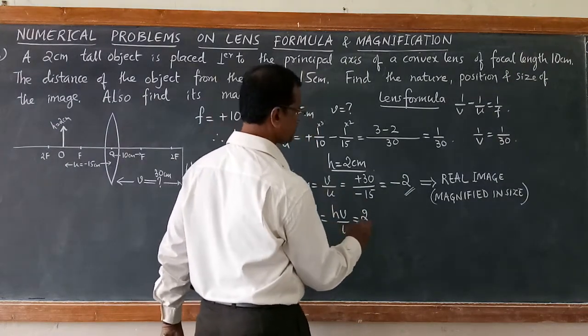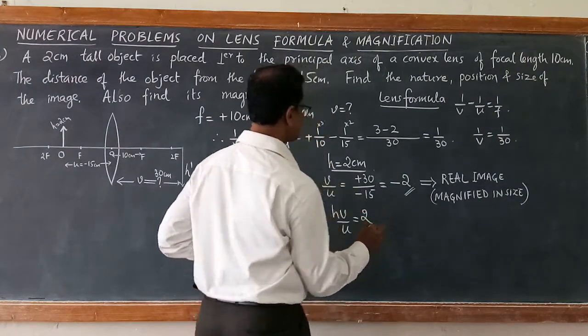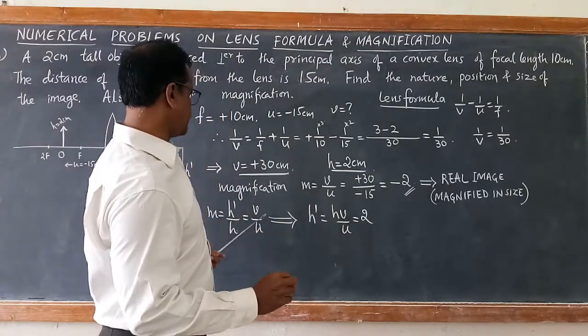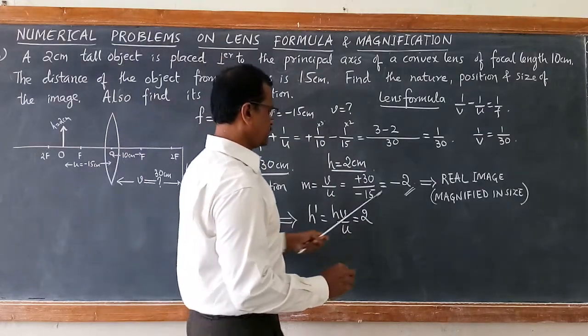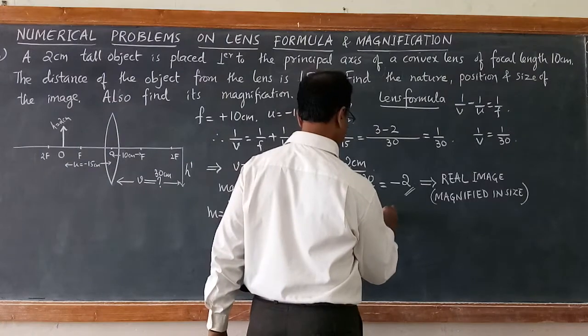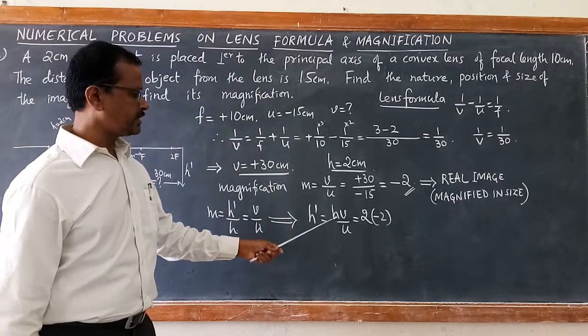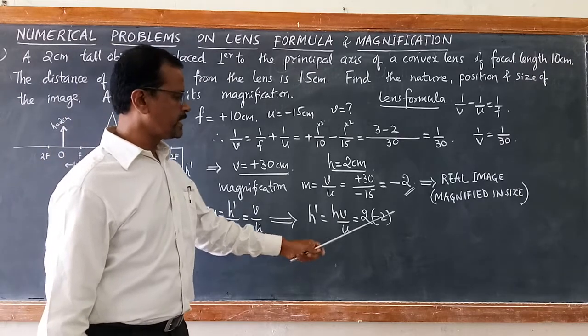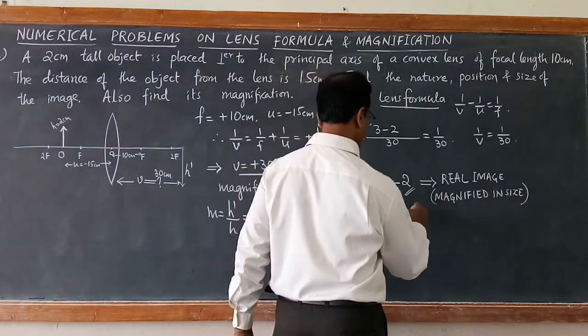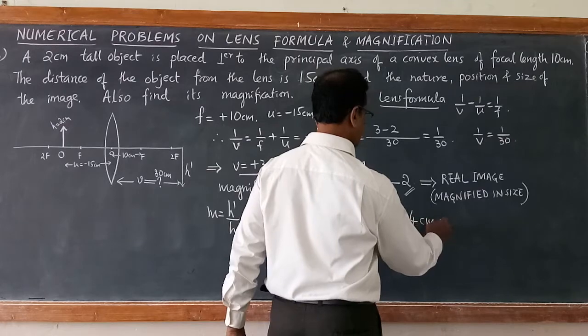What is v by u? We directly got minus 2 already, v by u. Therefore h into v by u, so 2 into minus 2 becomes minus 4 centimeter.